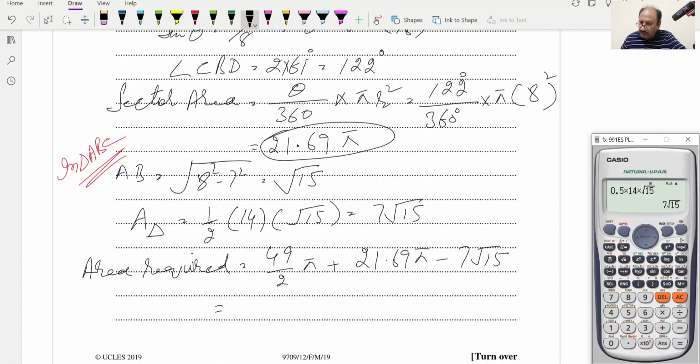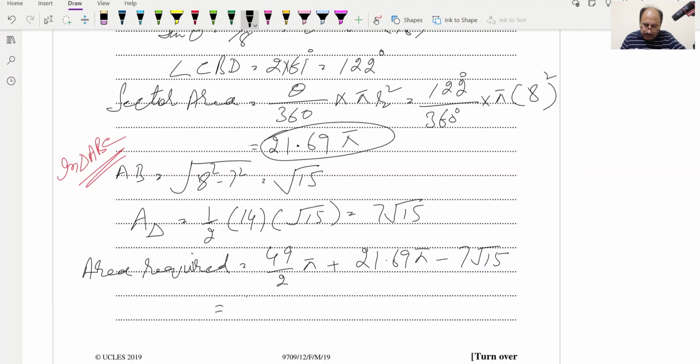So we write 49 over 2 pi plus 21.69 pi minus 7 square root of 15, and this gives us 117.999, which we can write as 118 units squared. So this is the final answer for this question.